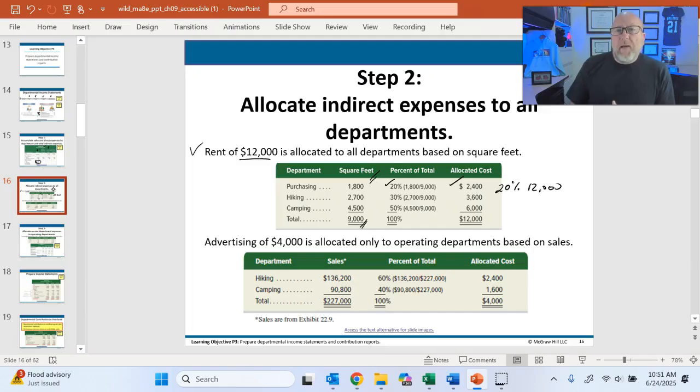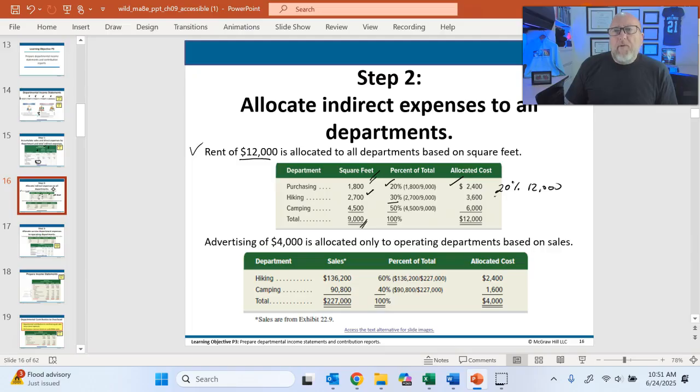Then we can do the same thing for hiking. We're saying, hey, the hiking department takes up 2,700 square feet of the store. And therefore, it represents 30% of the total square footage, 2,700 divided by 9,000.